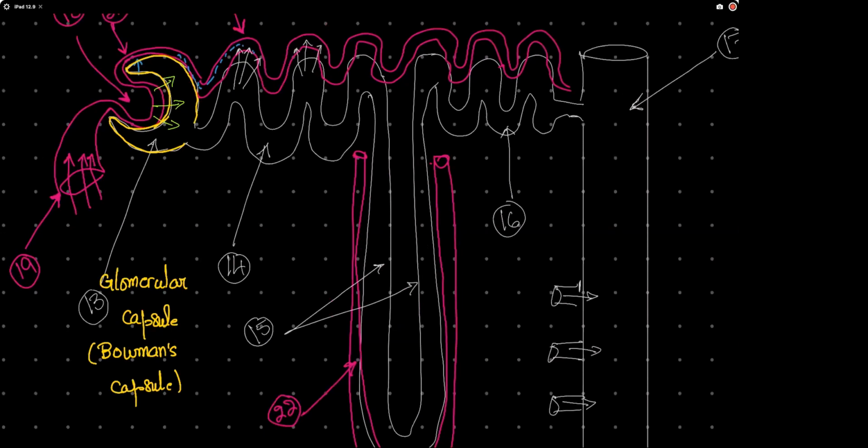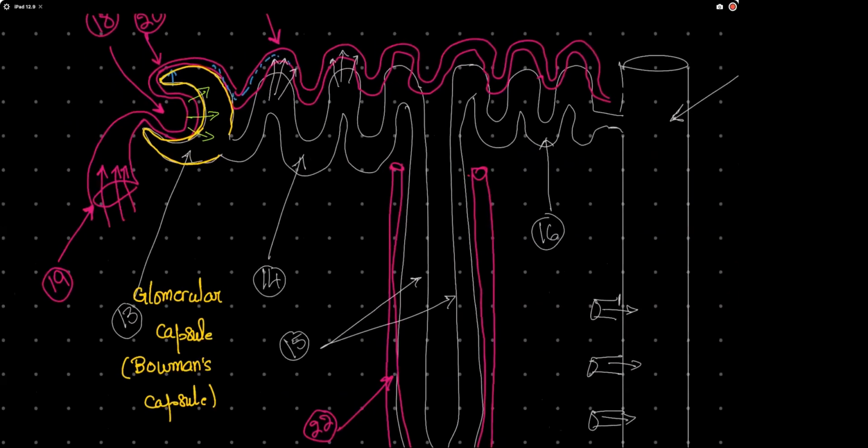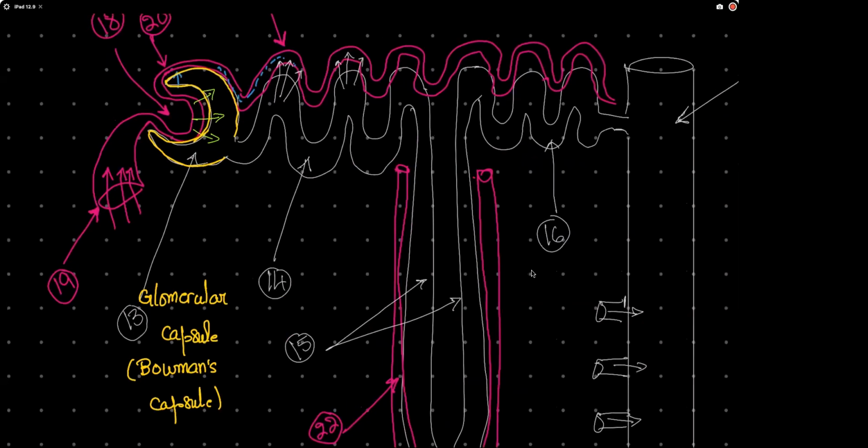The glomerulus. Glomerulus is a tuft of capillaries located inside, which is number 18.